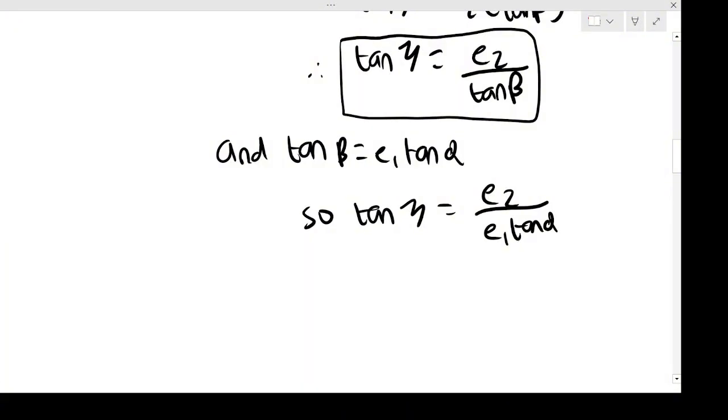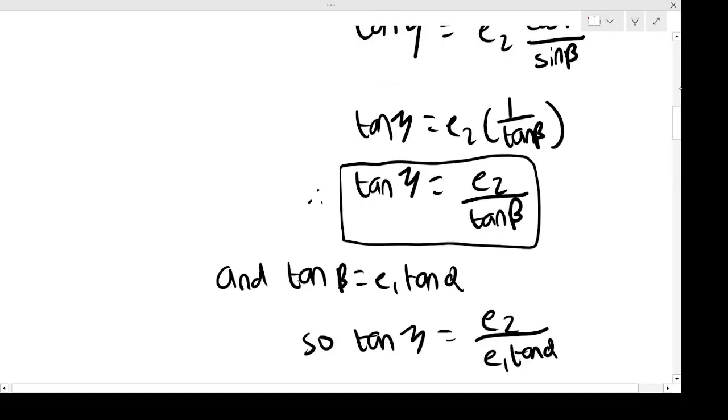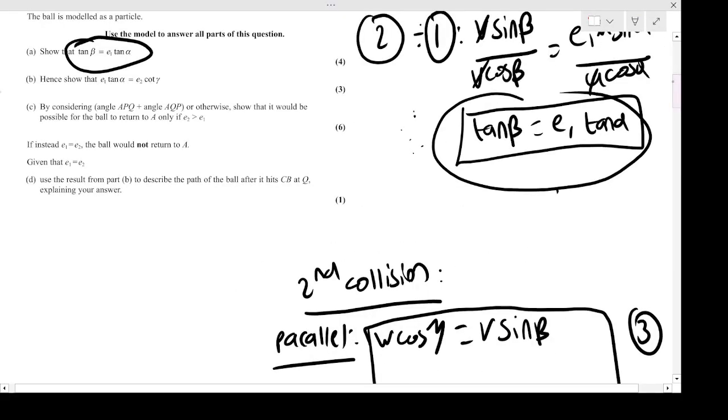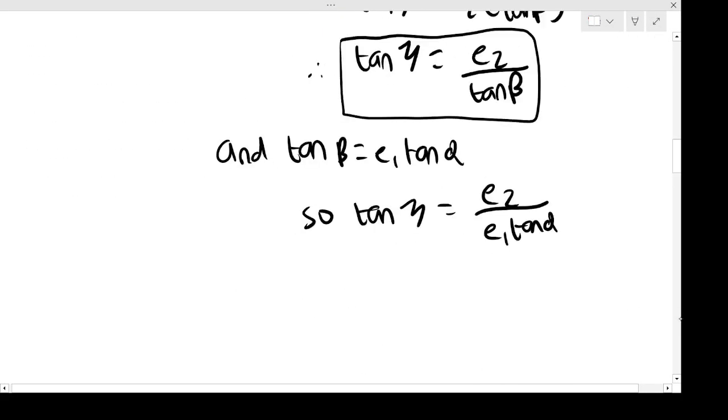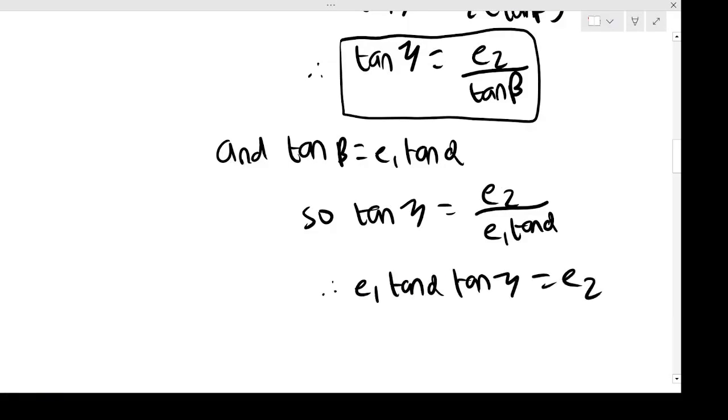We're pretty much there. Let me get rid of the fraction for now. If I times across, that's going to be E1 tan alpha tan gamma to be E2.